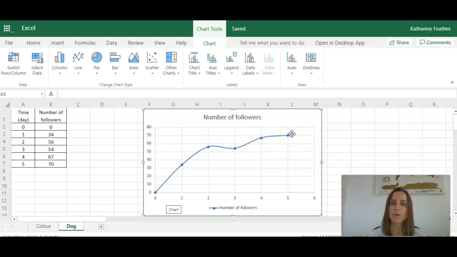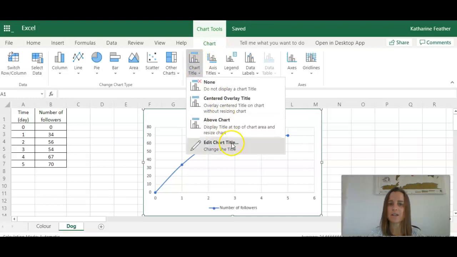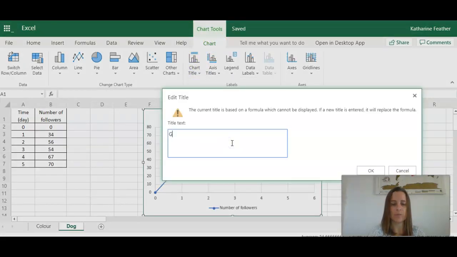Once again, my headings and my titles are not quite right, so I'm going to make sure I've clicked on chart. I'm going to put chart title, I'm going to edit, graph showing number of Instagram followers over 5 days for my dog.